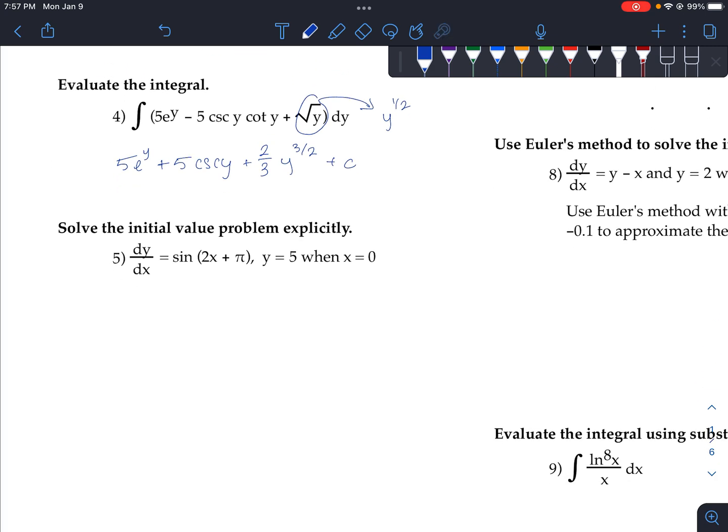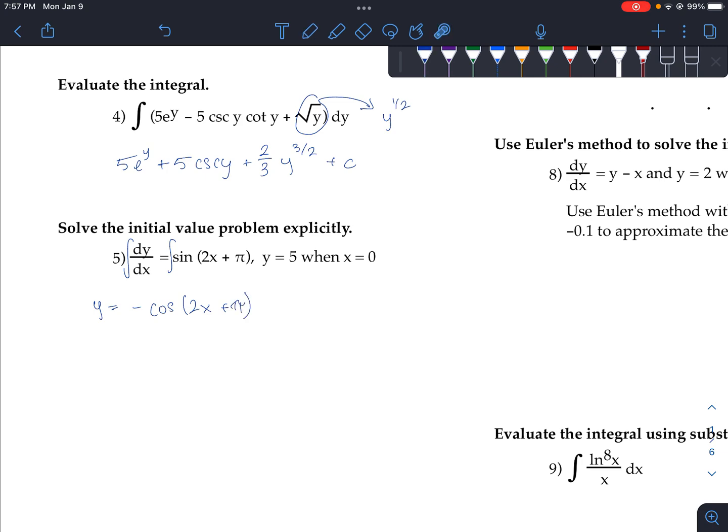Now for 5, solve the initial value problem. Same process, except I need to find a value for c given a y and an x value. So anti-differentiate these, so y is equal to, well, to get sine as a derivative, I think you need negative cosine. So you'll have negative cosine of 2x plus pi.